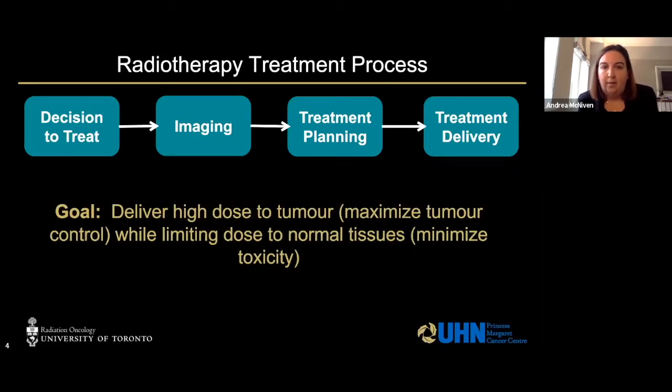The goal of all of this is to deliver a high dose to the tumor or target, maximizing our tumor control while trying to create a plan that limits dose to normal tissue as much as possible. So limiting the toxicity and side effects that the patient will experience due to the radiation to the normal tissue.